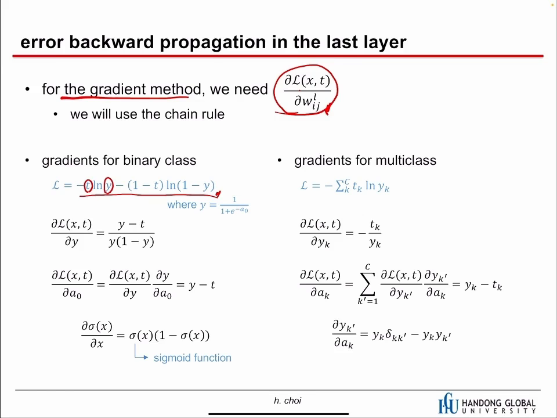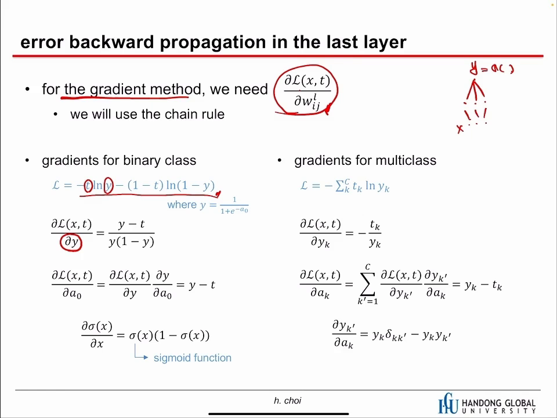So first, we take a derivative with respect to y. So remember, we have a neural network, and the output is y. And for binary class, we have only one output y, and we have input x. y is the output of the sigmoid function.